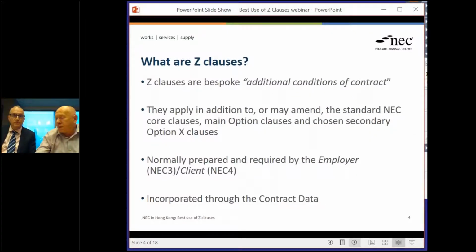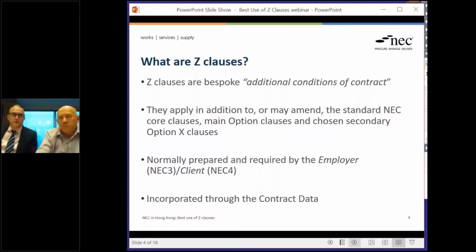Over to you, Peter. Well, thanks very much, Rob, for the introduction, and good evening, everybody. To lead off, what are Z clauses? For those of you that aren't familiar, as you can see on the slide, they are bespoke additional conditions of contract.